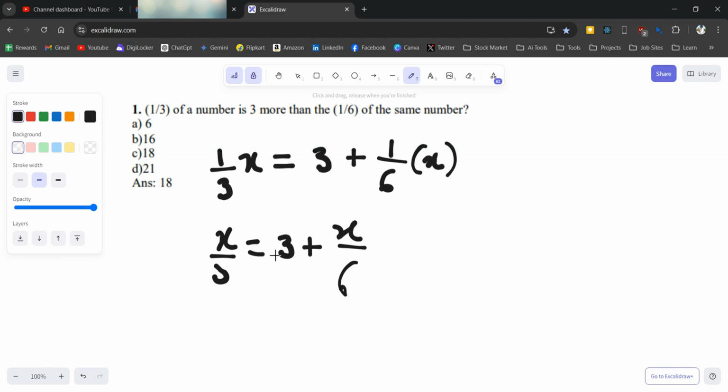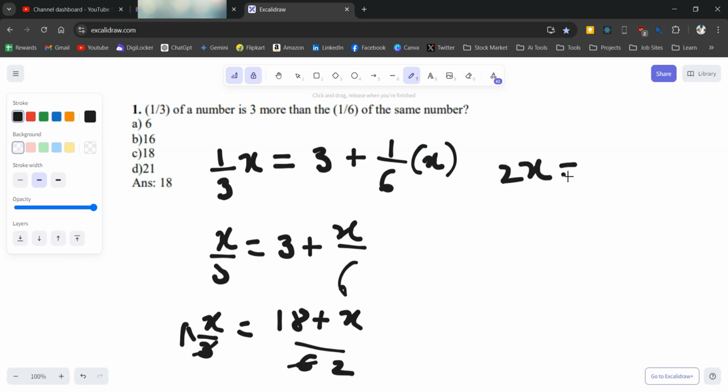So we can solve this. It becomes x by 3 equals, 6 3s are 18, cross multiply it, plus x, and this upon 6. So now we can cancel out, 3 1s are 3, 2 3s are 6. So this 2 can be shifted here itself.